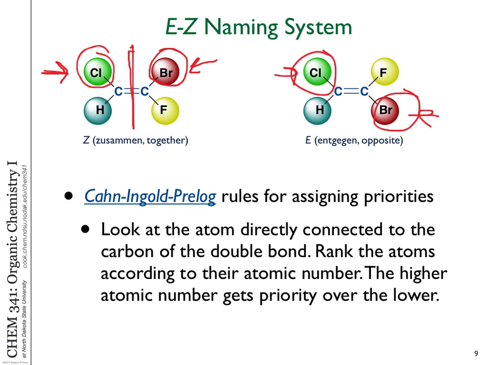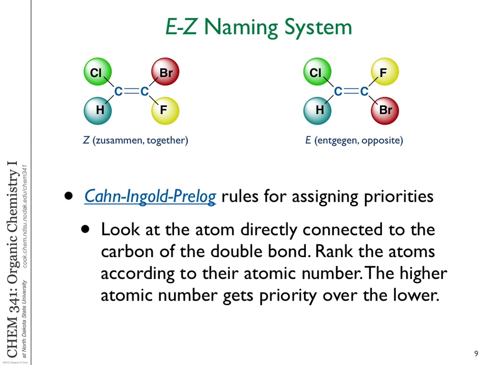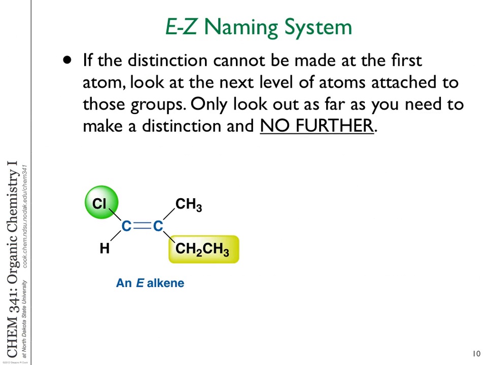It gets a little more complicated when you have organic groups, alkyl groups, especially if you have the same atom. So if you take a look at this molecule, on the left side of the double bond, again, we're comparing.